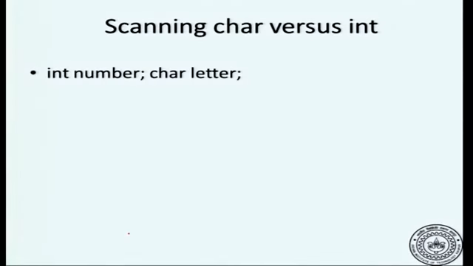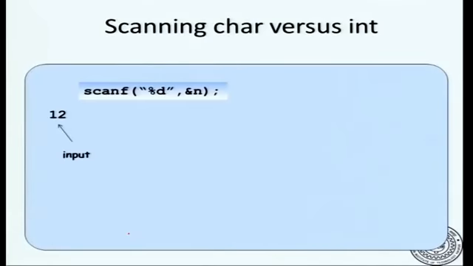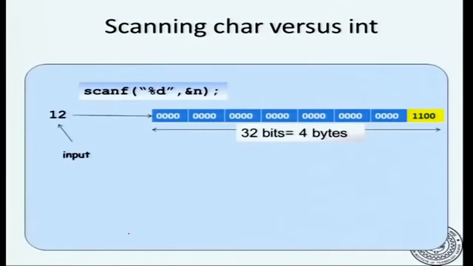Now let us think about what we mean by scanning a character versus scanning an integer. So let us say that I have two variables, int number and character letter. Let's say that I am scanning now n, which is a number, and the input was 12. When I say scanf %d and n, I am trying to read 12 into an integer variable.